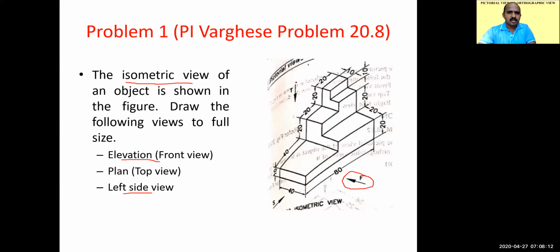Then another arrow with T shows the direction of your top view. Then next we have an arrow with capital S, which shows the direction of your left side view. So here we need to draw three views: front view, top view, left side view.